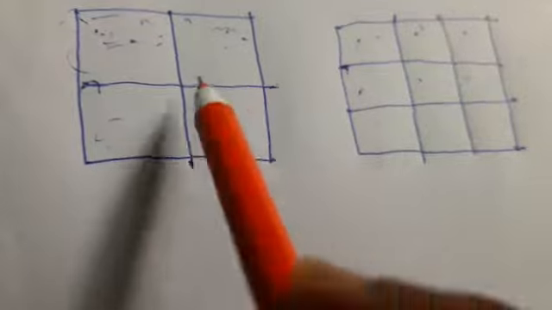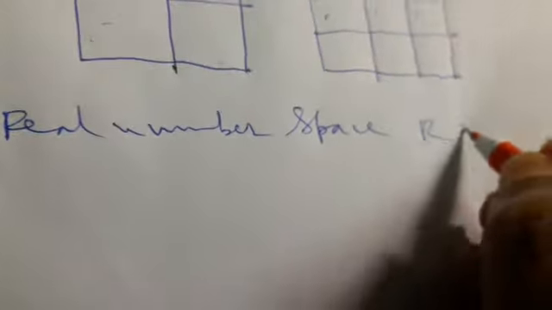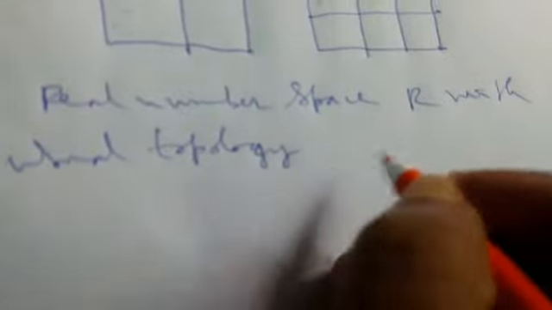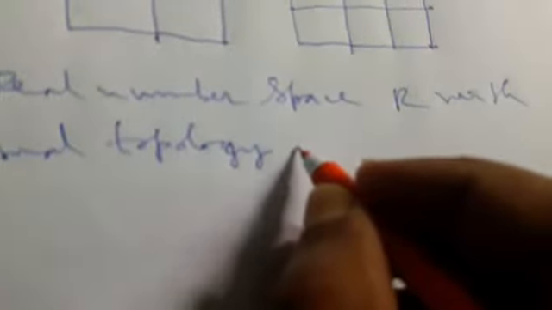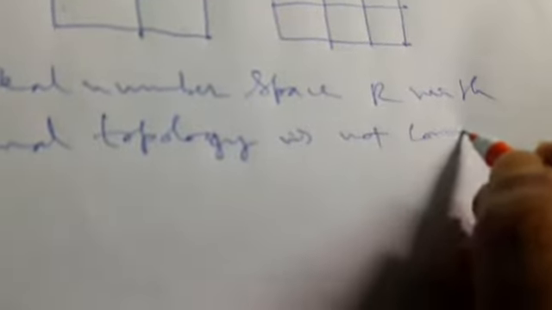Now this is a simple overall view and idea. The real number space R with the usual topology is not compact actually. Why does this happen?